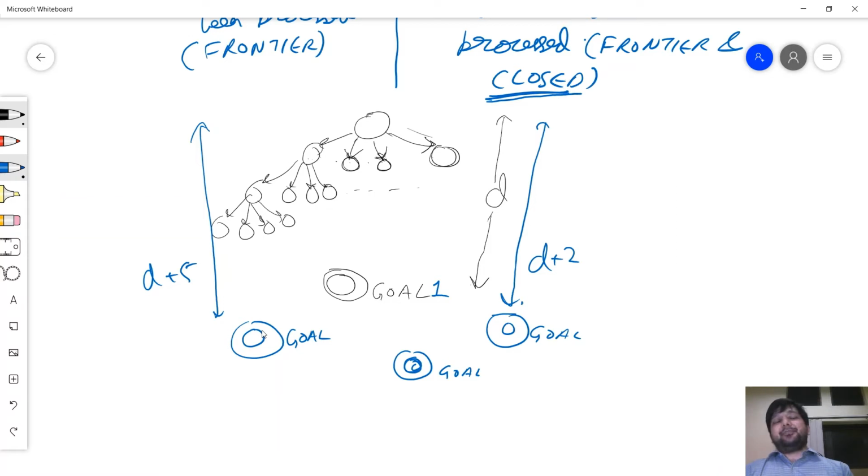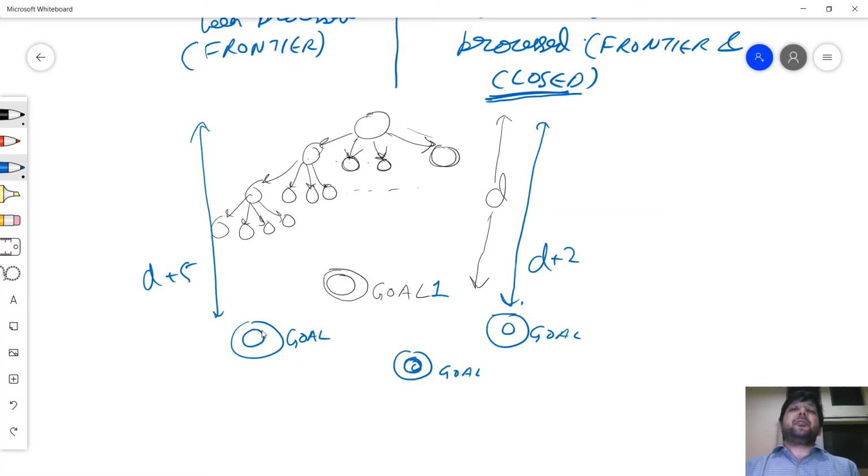Now, it's assumed that a goal exists. Of course, otherwise there's no need to even solve it. We assume that there is a solution to the problem. And the best cost at which it exists is d. It does not exist anywhere less than d. It may exist at more than d.